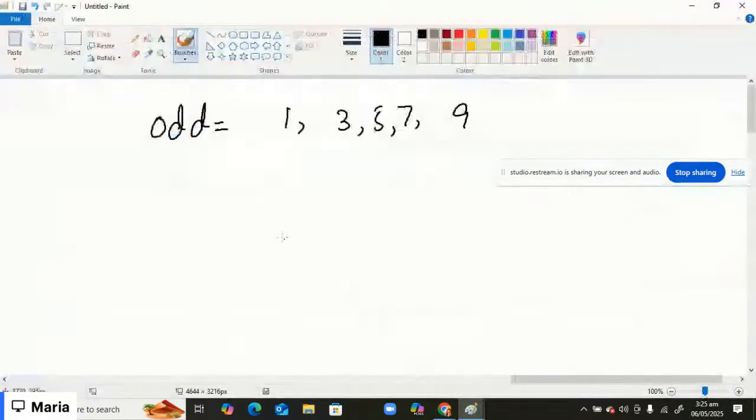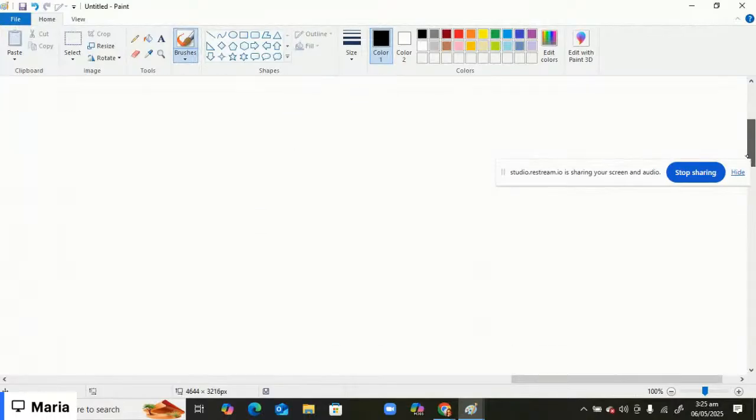And for example, if I'm going to write it here 93, how can we check it's even or odd? You check that number. It's 3. So 3 is odd. So you can say that odd.